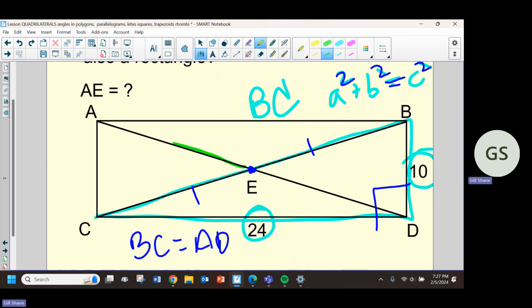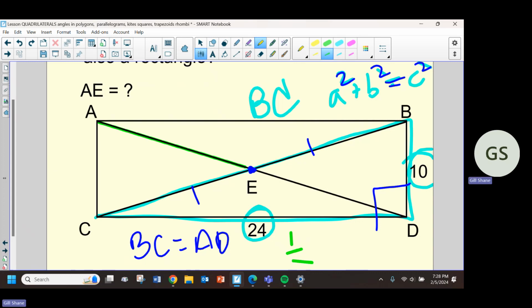If I just want this one segment, AE, I would just split in half whatever BC comes out to be once I do a squared plus b squared equals c squared, because AD and BC are the same.